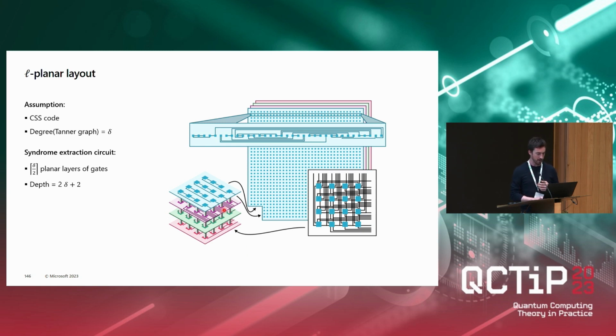It looks like that. Here we have 4 layers. This corresponds to the case of our simulation, where we have a code with 4 layers. And you see that within each layer, you have only planar edges. You have no crossing. But if you look at it from the top, if you do not use this layered layout, then you have many crossings, and we're worried it's going to lead to correlated errors.